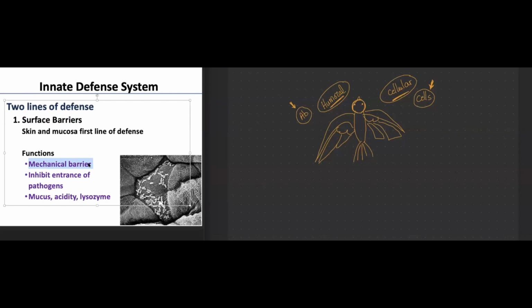So rather than allowing 1,000 bacterial cells to pass to my deep tissues, having skin will limit and reduce this number, making it more possible for my immune system to get rid of the infection.